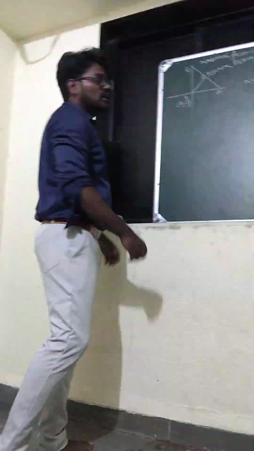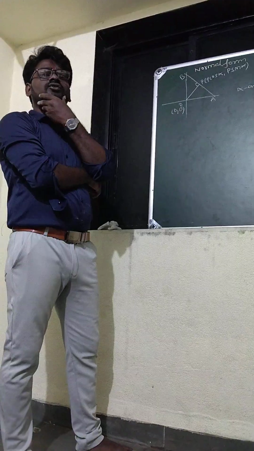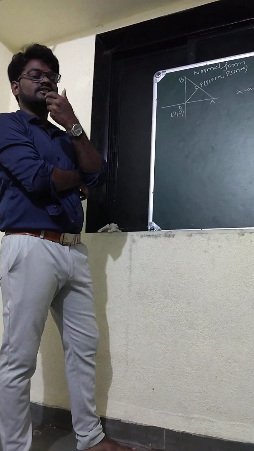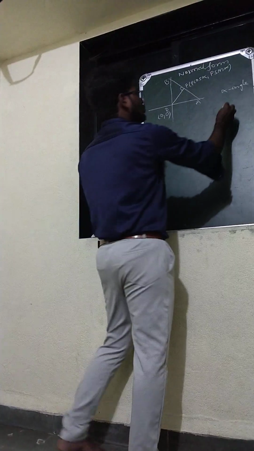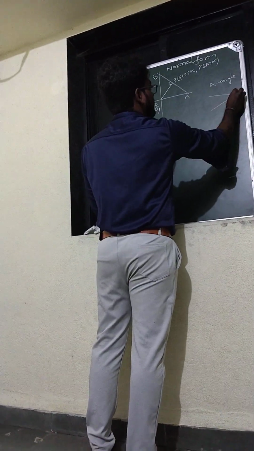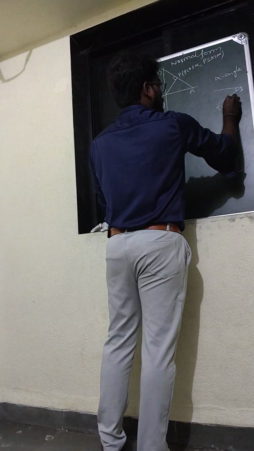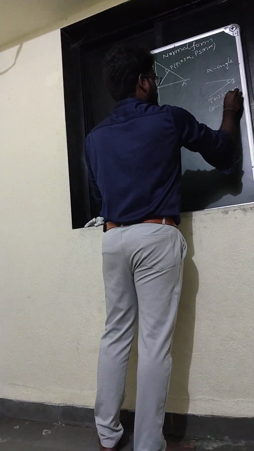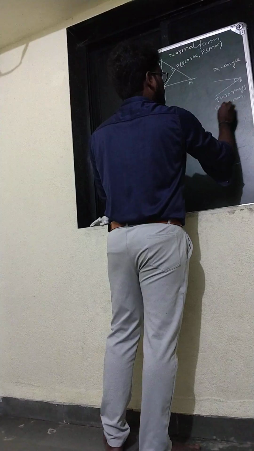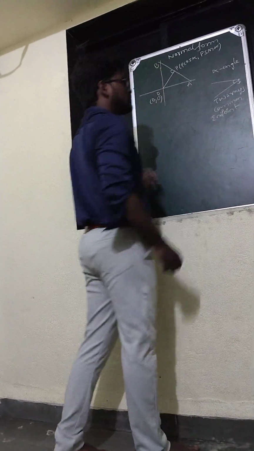What is the angle? You observe, anytime an angle is very easy. What is the definition of an angle? Two rays with a common end point are an angle.